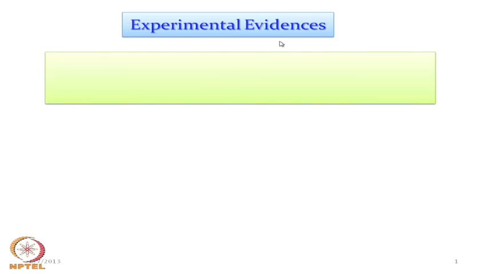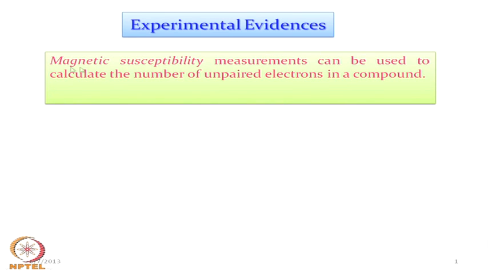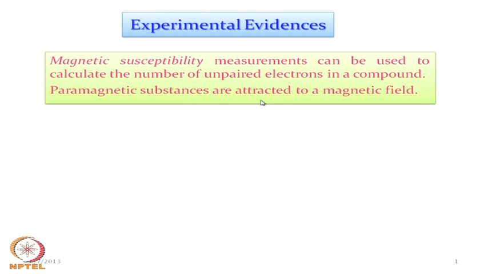But right now what we can see is that we want to measure the corresponding magnetic susceptibility. So, it is the chi m values which we are going to measure to find the exact number of unpaired electrons which are present in a particular metal complex or any other multinuclear metal complex also. And the paramagnetic substances, if we place them in a typical magnetic field, they will be attracted.